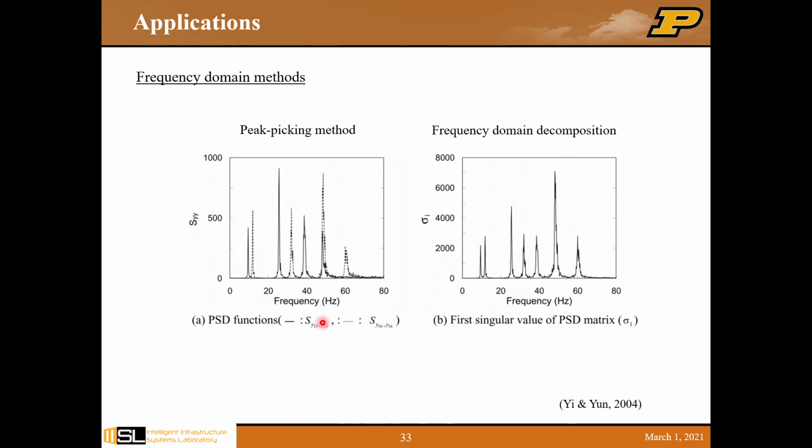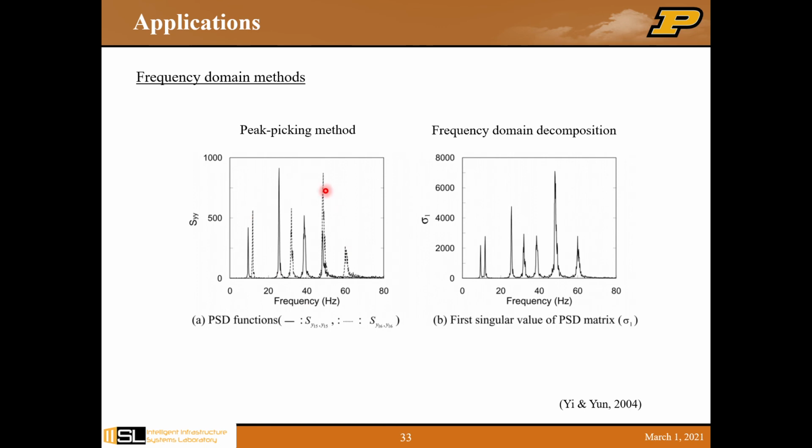For example, for Y15, corresponding to the 5th sensor on the top floor, it cannot identify the second peak here, which corresponds to 11 Hertz. Similarly for X, for the 16th measurement data, it cannot identify the first peak. So it has some missing peaks here.